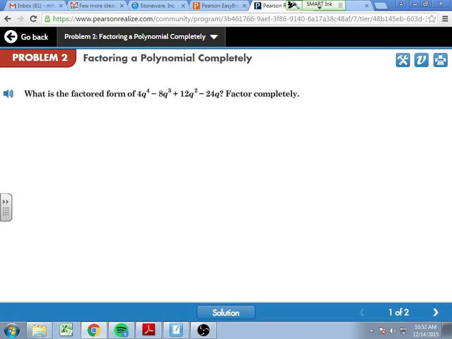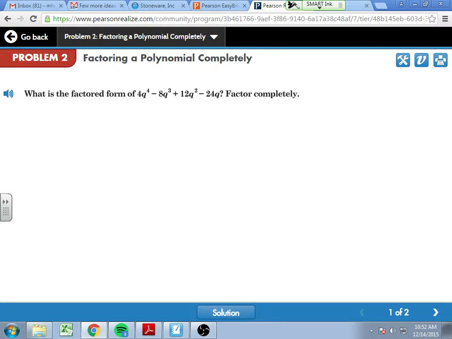So what would you do first, Grant? 4Q with the 8Q with whatever cubes and squares they got there. So what are you telling me to do? Oh, you mean group them? Yeah, don't you do that parenthesis thing? McKenna? Factor out 4Q. There's a common monomial through the whole thing.